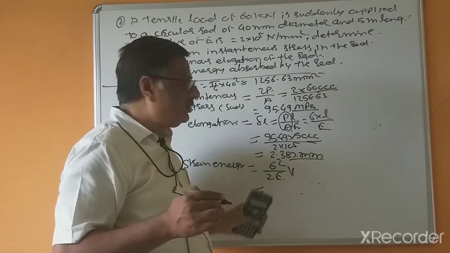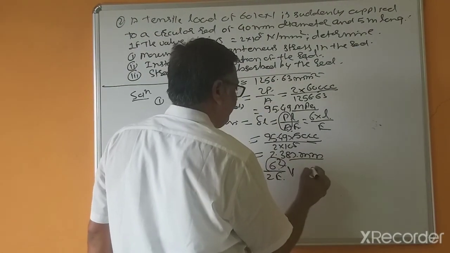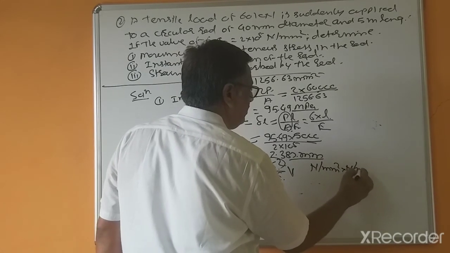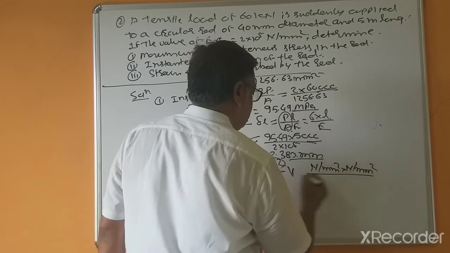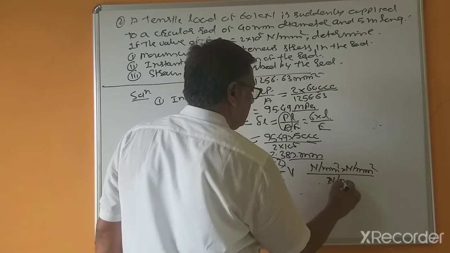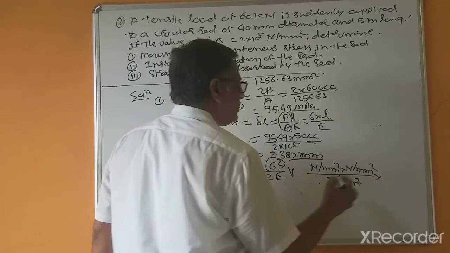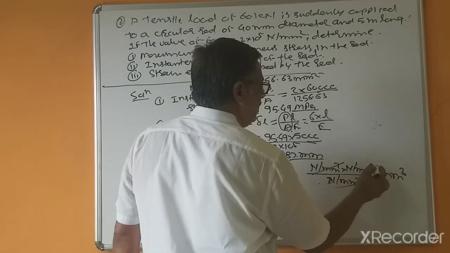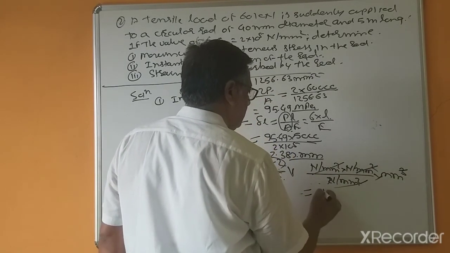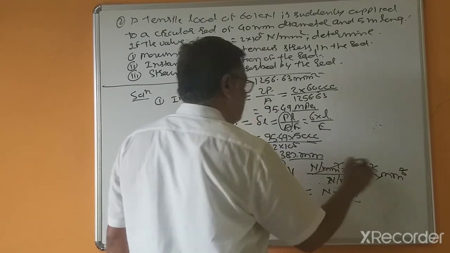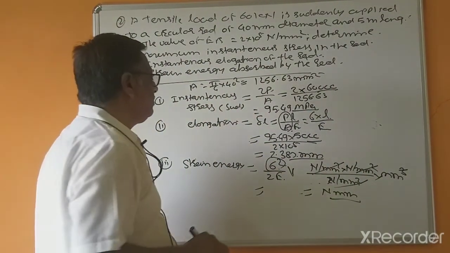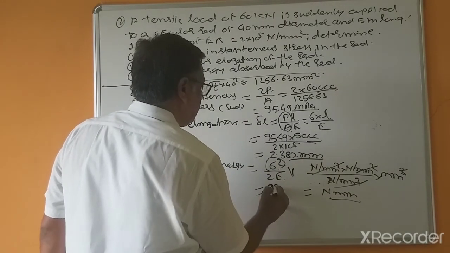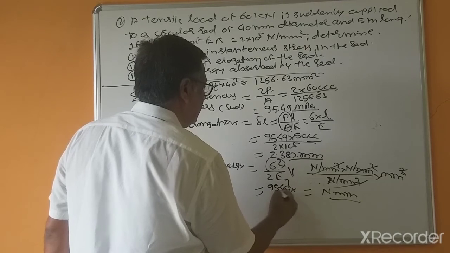Strain energy unit is Newton meters. This is Newton per mm squared, this is Newton per mm squared, and this is mm cubed. So this will get cancelled, and remaining is Newton mm. So try to understand such things; if you have confusions, you can tally if your basics are clear.